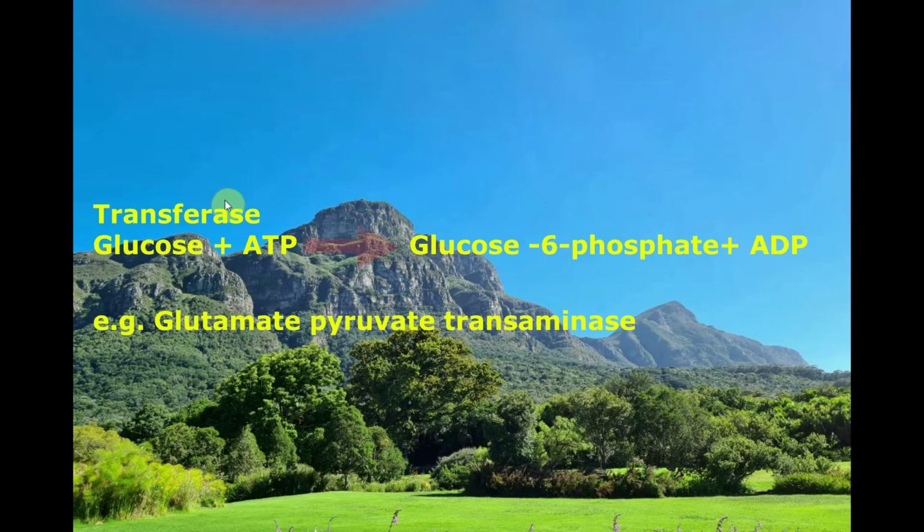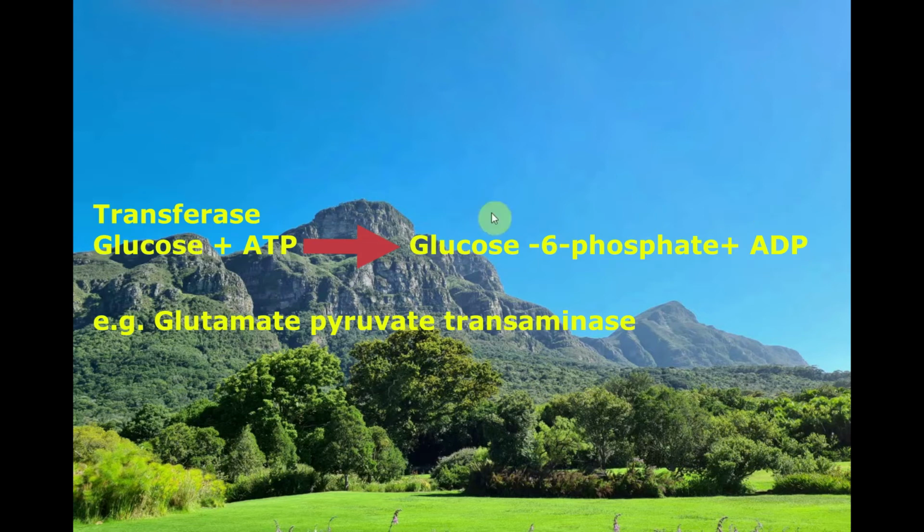Then the second one is the transferase. It transfers a specific group from one substrate to another. So it takes a group from one substrate and gives it to another, forming a new substance. For example, glutamate pyruvate transaminase.